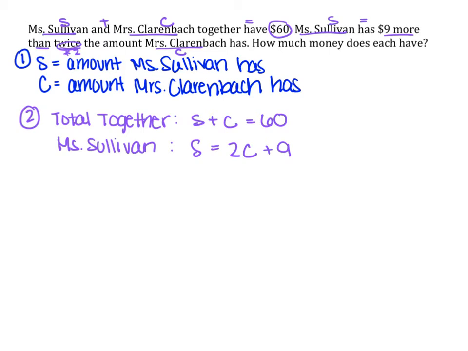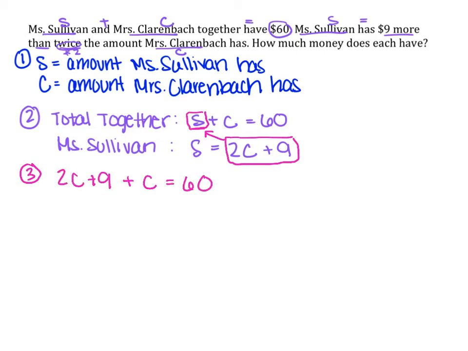So I'm going to go ahead and solve this by substituting 2C plus 9 in place of S in my other equation. Then if I combine my like terms and move my 9 to the other side, I get 3C equals 51.